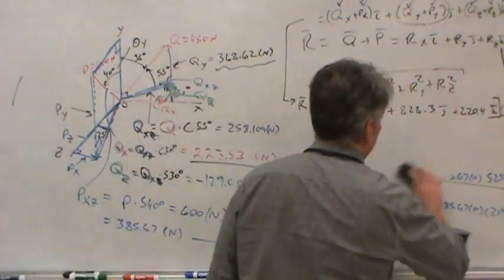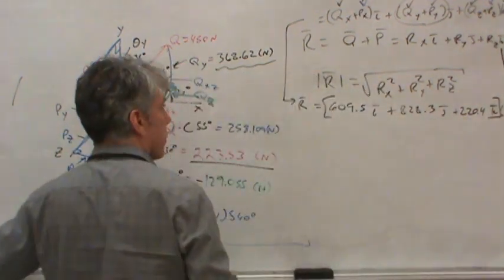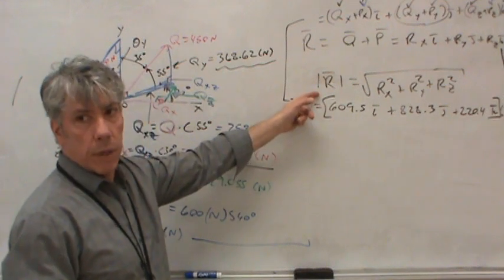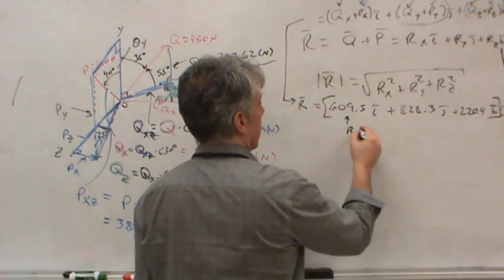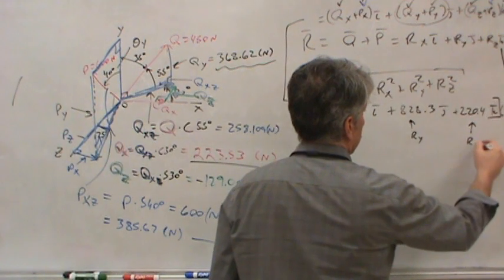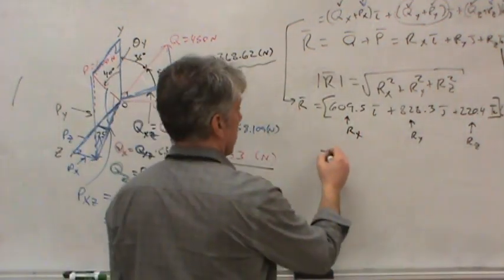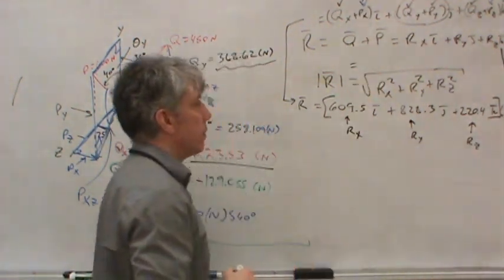They wanted to know the resultant magnitude, I believe. So what are you going to do to get the resultant magnitude of this vector? Just what's above, right? This is Rx, and this is Ry, and that is Rz. So the magnitude of the resultant then is equal to what?